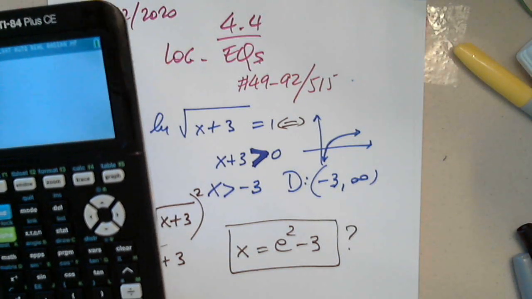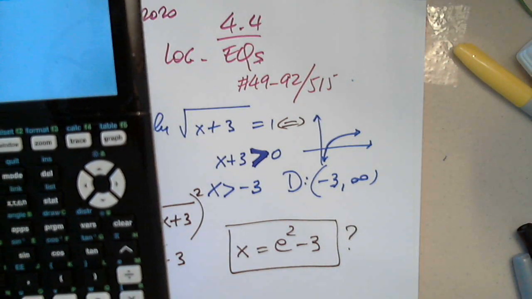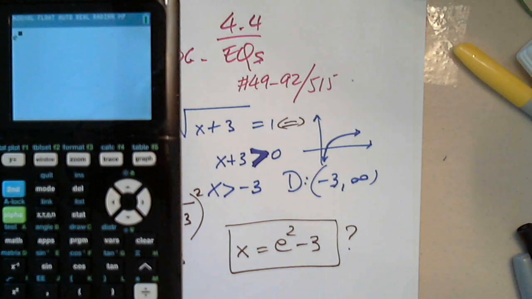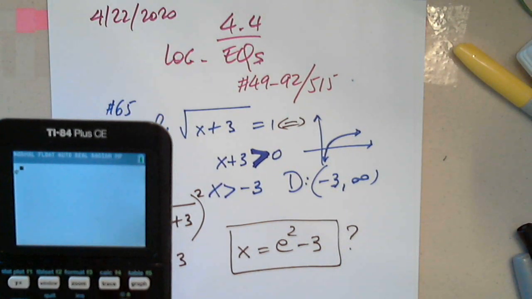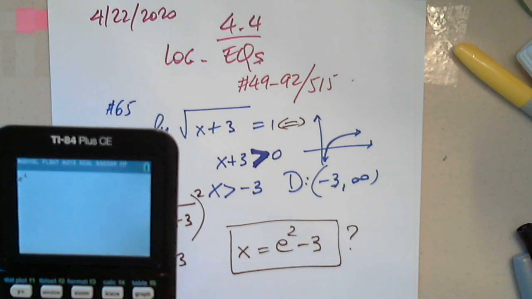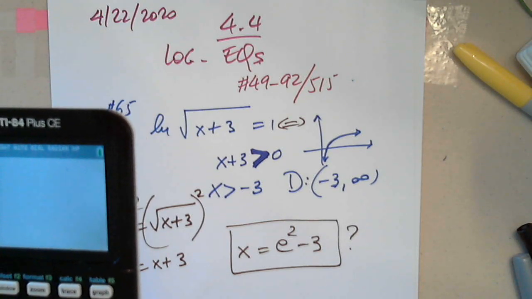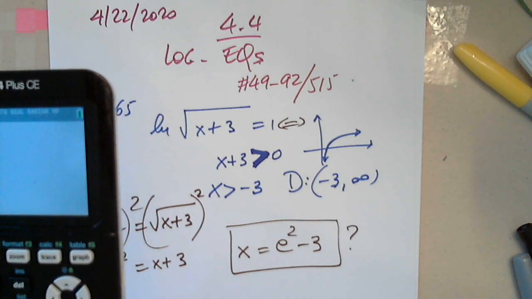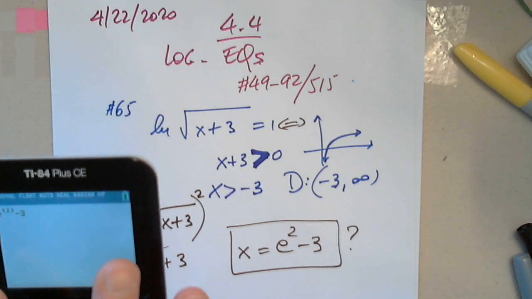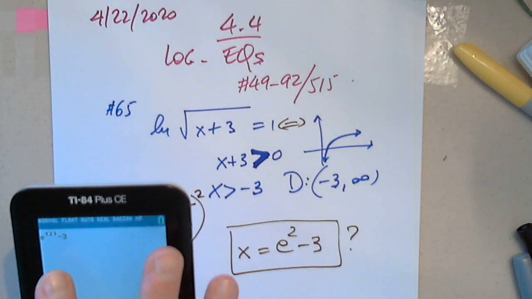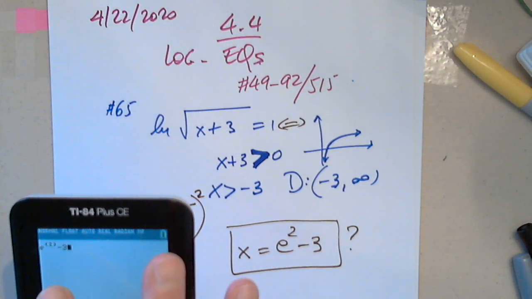For practice, let's do that. Second and e to the x, and put power 2 on it. You know me, in parentheses. And then minus 3. This is roughly 9 minus 3, or 8 something minus 3.